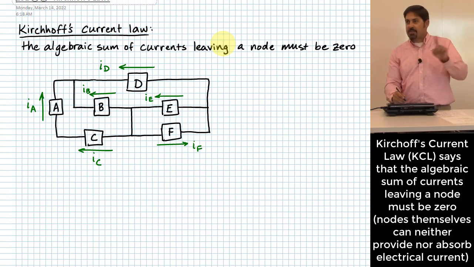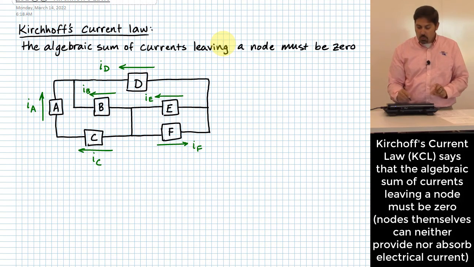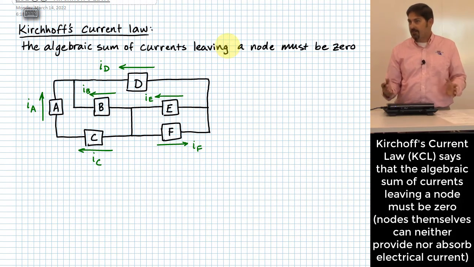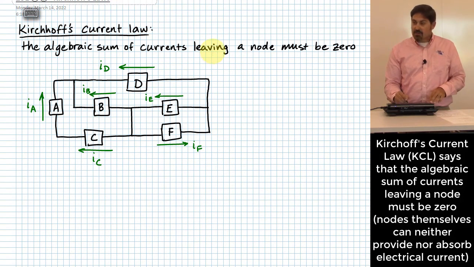You count those as negative contributions, right? So it's important that you have mentally established what you are taking to be positive, which is why I chose one or the other of the ways to state it up here. Again, I could have just as easily chosen the word entering right there, but I chose leaving somewhat arbitrarily, okay?